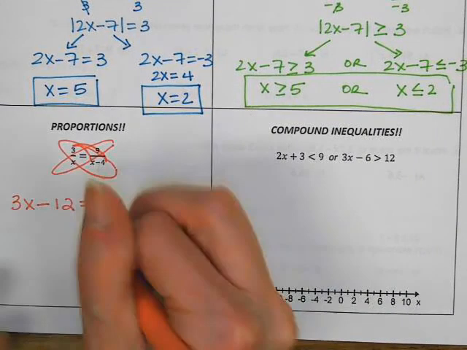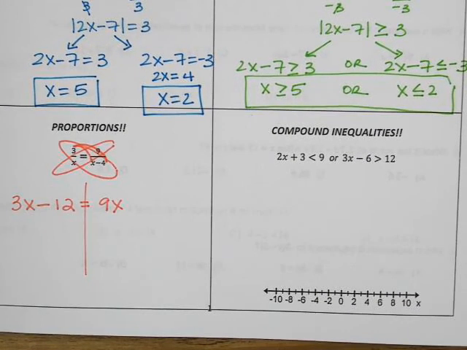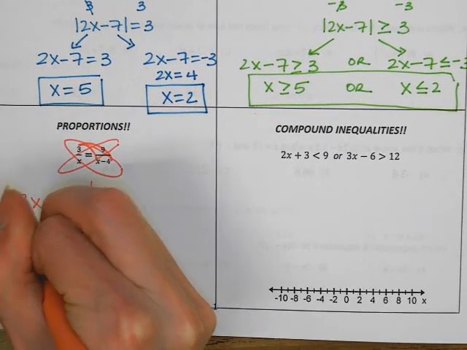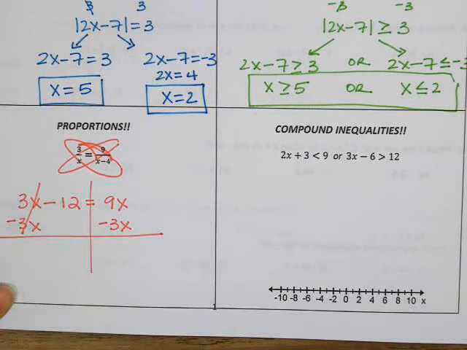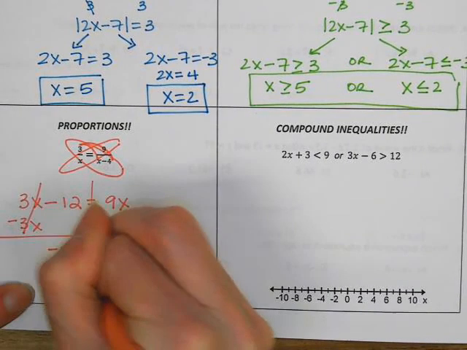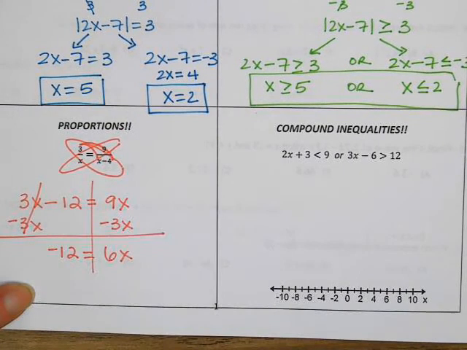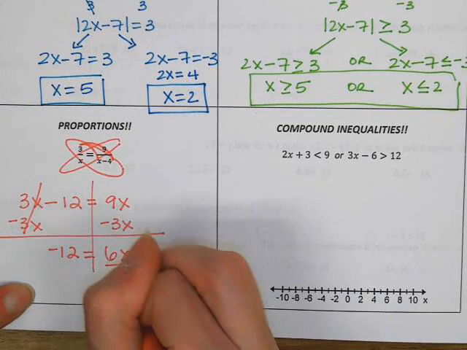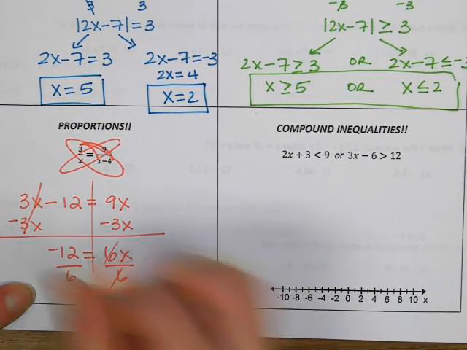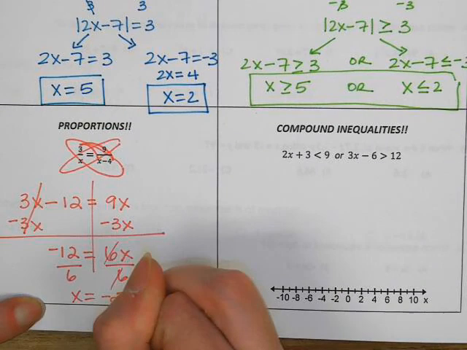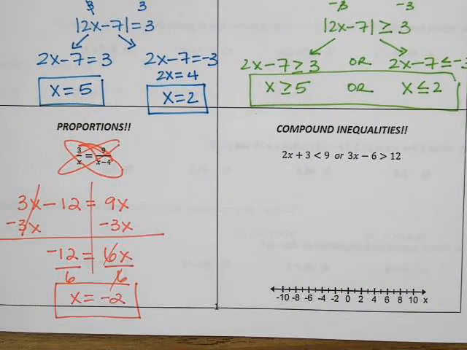Okay, and then you just solve like normal. So let's get all the x's to one side. I'm going to subtract this guy over. And then we're at negative 12 equals 6x. So then we would have to divide by 6, both sides. And if you divide that, it looks like x is going to be negative 2. Okay, so that's proportions.